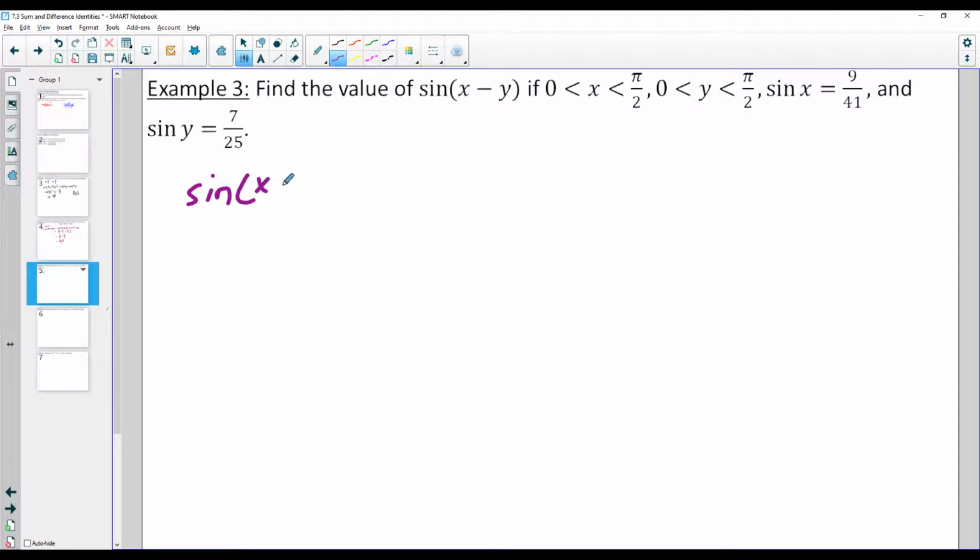If I have sine of x minus y, and I think once I read it out, you'll see what's happening a little better. We have sine of x minus y, and we want to change that into the sum or difference identity, so that's going to be sine of x times the cosine of y minus the cosine of x times the sine of y.